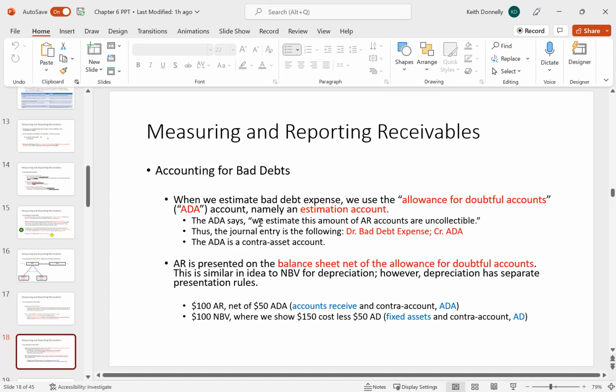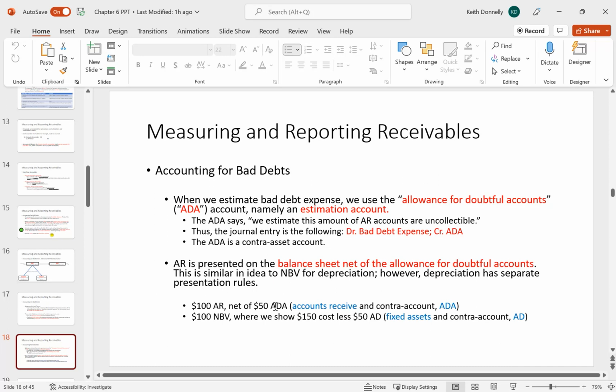Now, when you report your accounts receivable on your balance sheet, you're going to report them net of the allowance for doubtful accounts. Net, remember, means you subtract one thing from another. So here's the idea: you'd see on the balance sheet $100 accounts receivable, net of a $50 allowance for doubtful accounts.